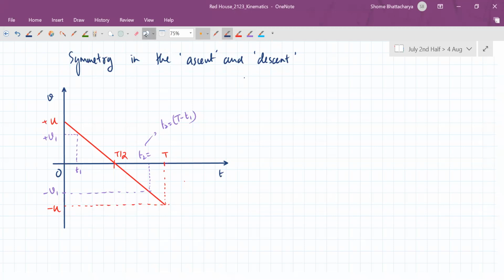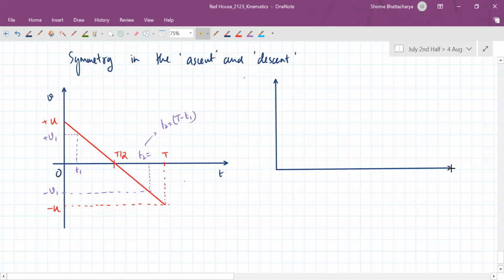And similarly, if you look at the displacement time graph also, you will realize the same symmetry in practice. So displacement time graph is like that situation where u is positive and a is negative that we discussed in the last lecture. So it's a parabola which is downward opening. And since we consider only that part of time till it hits the ground, after that we're not considering any type of motion happening.